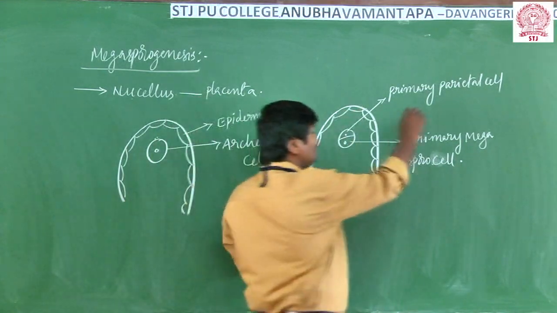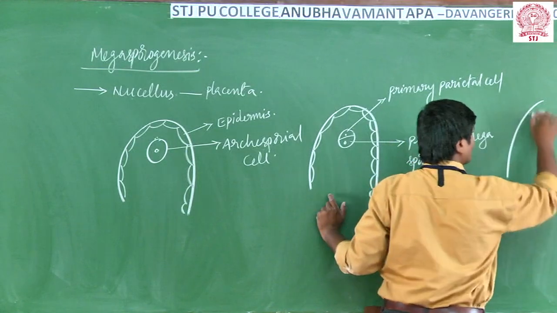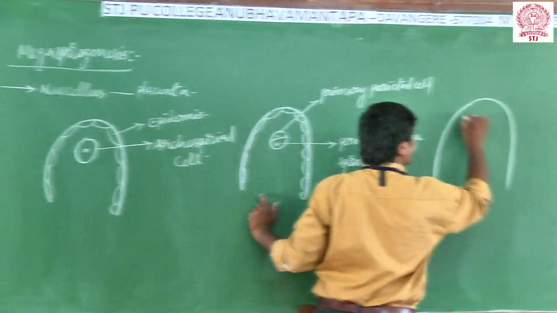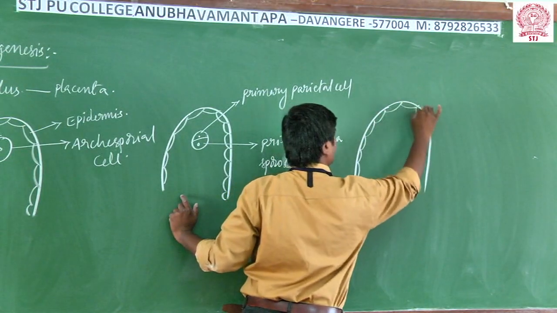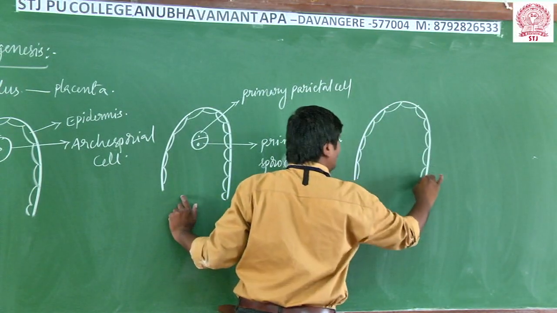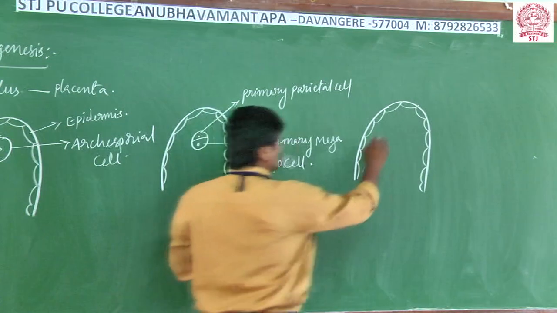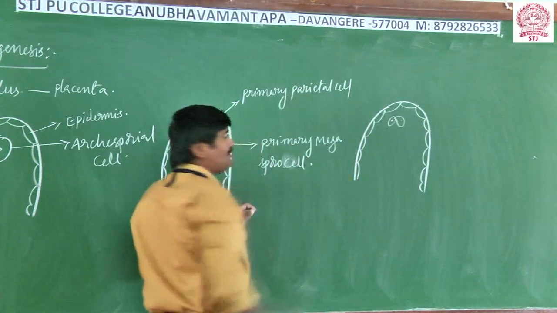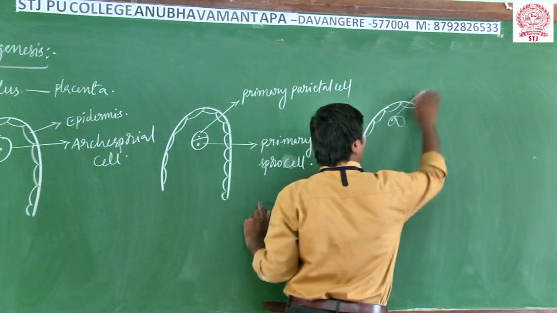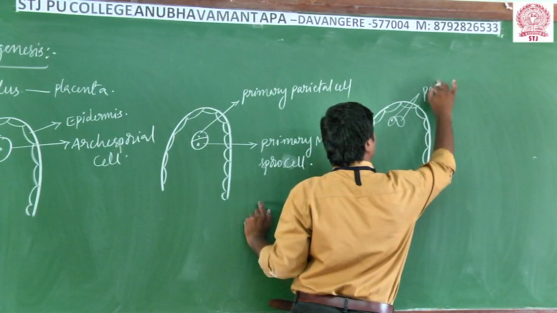Next, further, it goes through another mitotic cell division, and the primary parietal cell gives rise to the parietal cells.